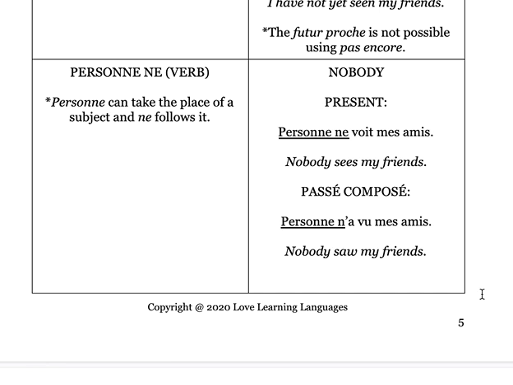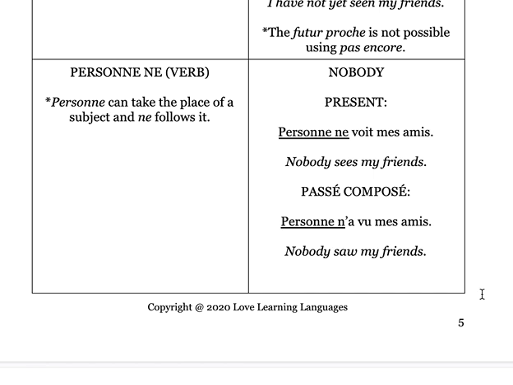And this is going to look weird, but see, personne still completes the negation. But since you're using it as the subject of your sentence, you're going to put it first. So then you get this thing that looks really strange. Personne ne voit mes amis. So nothing comes after the verb, voir.